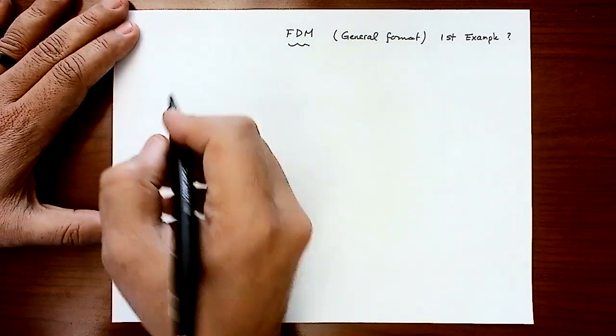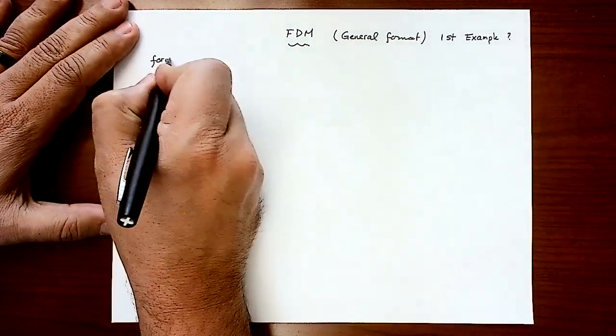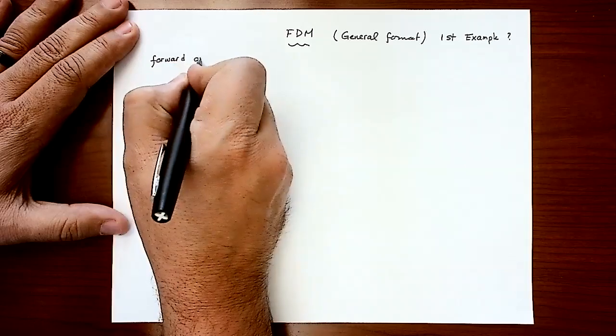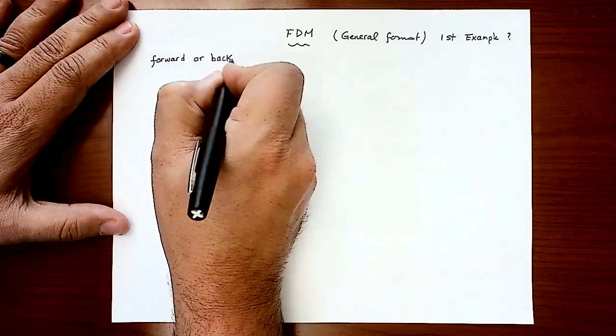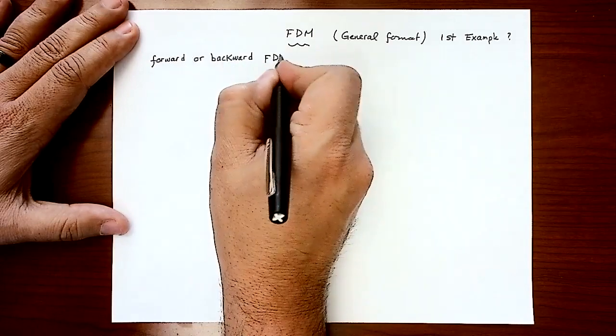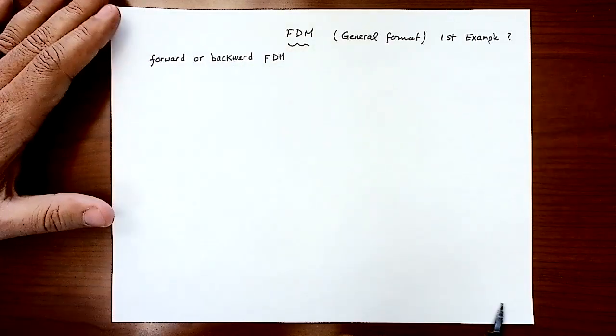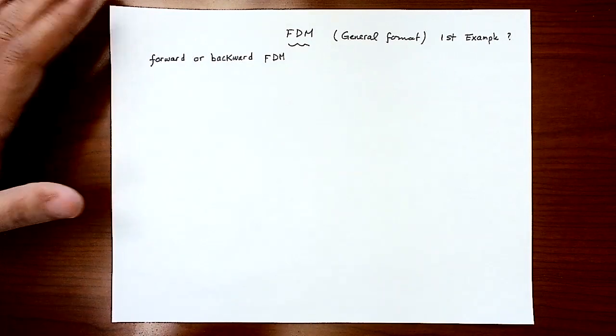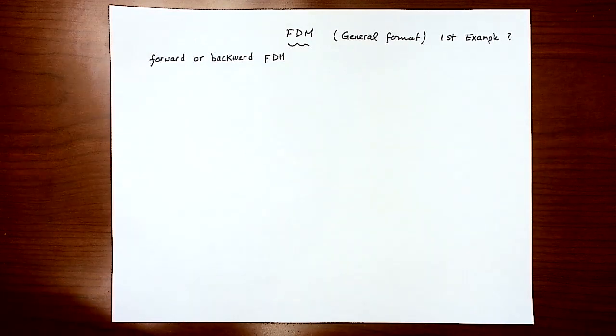So we cover the forward or backward finite difference method, right? If you go back a couple of slides or the previous recording, you will see that we covered that.